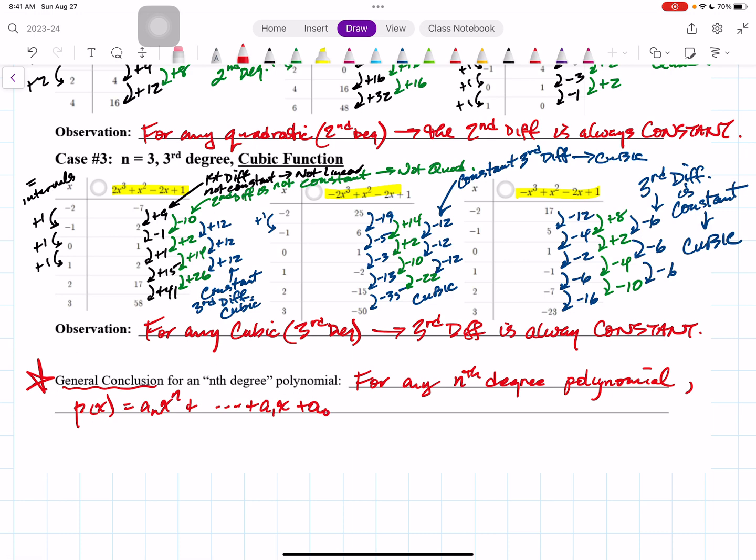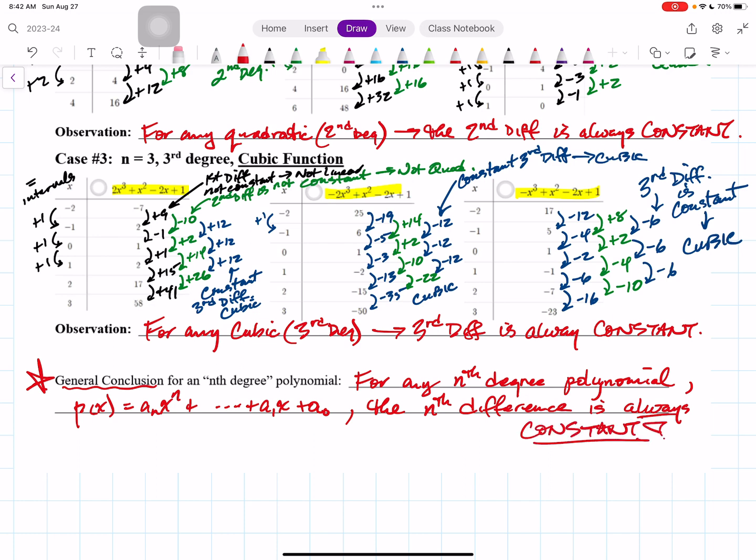Okay, so there's your polynomial in general, nth degree. So notice the exponent is n there. All right, the nth difference is always constant, always. That's a big word too, okay? So if I say sometimes, that's one thing. I said always, is always constant.